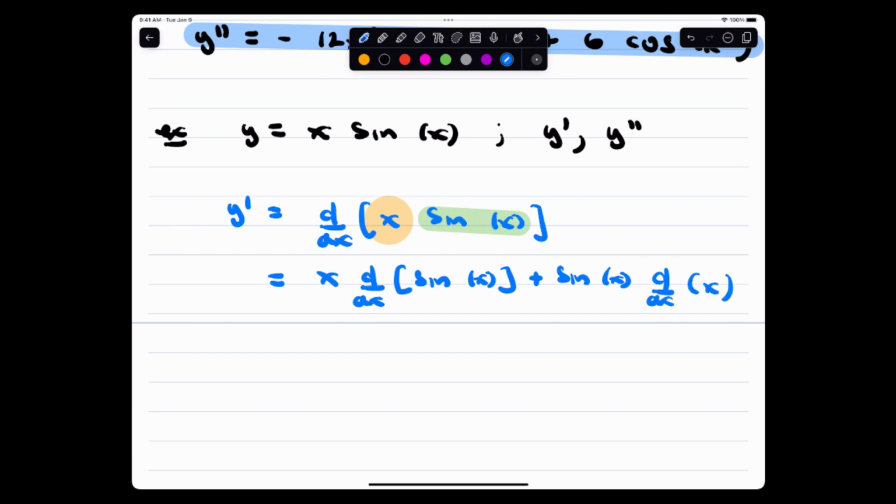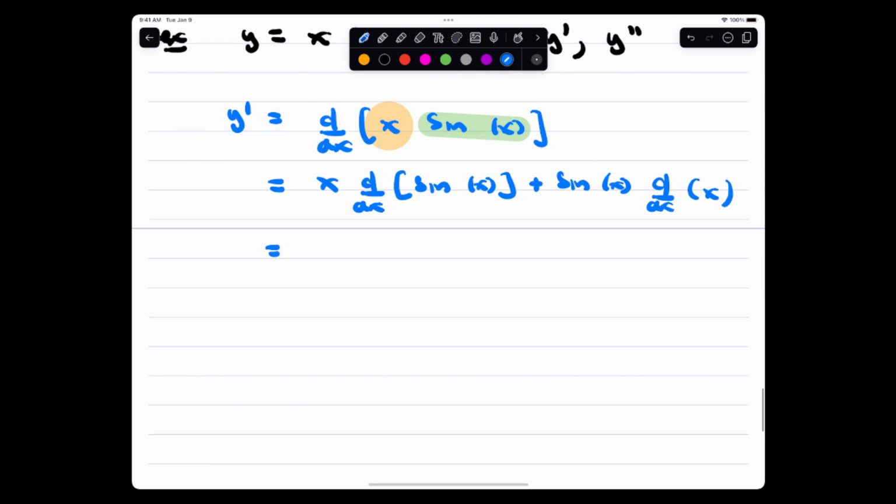The x variable. Okay, what's the derivative of sine? Cosine. What's the derivative of x? Is that 1? Okay, so this would be x cosine x plus what? Sine x. That's your first derivative.